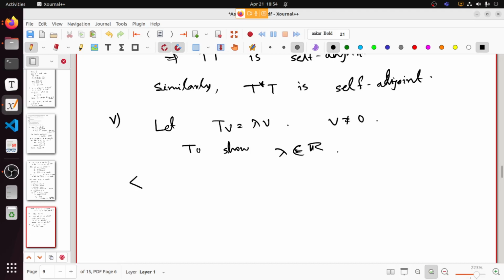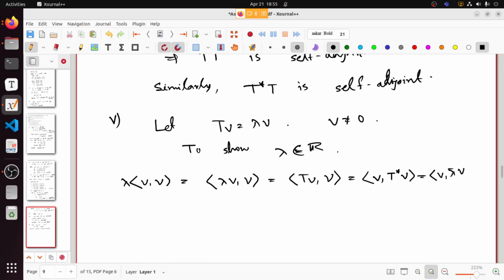So let's start with lambda V, V, which is lambda V times V. This you can write as T V times V. Taking the other way, it will be V, T star V, right?